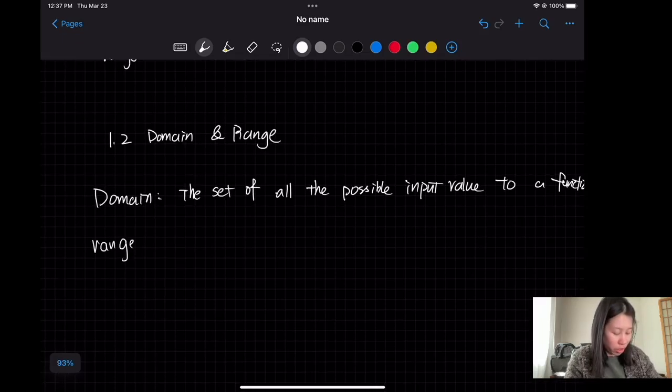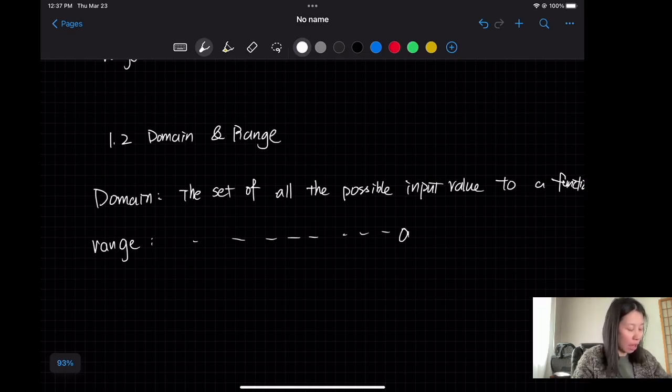Range is similar, but range is all the possible output values to a function.